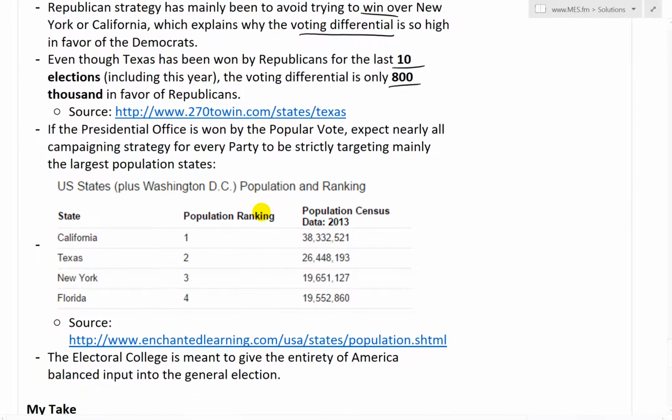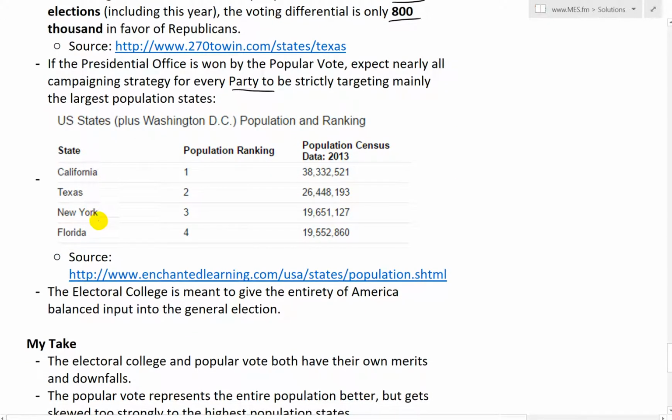Now, if the presidential office were won by the popular vote instead of the Electoral College, expect nearly all campaigning strategy for every party to strictly target the largest population states, and that includes California, Texas, New York, and Florida.